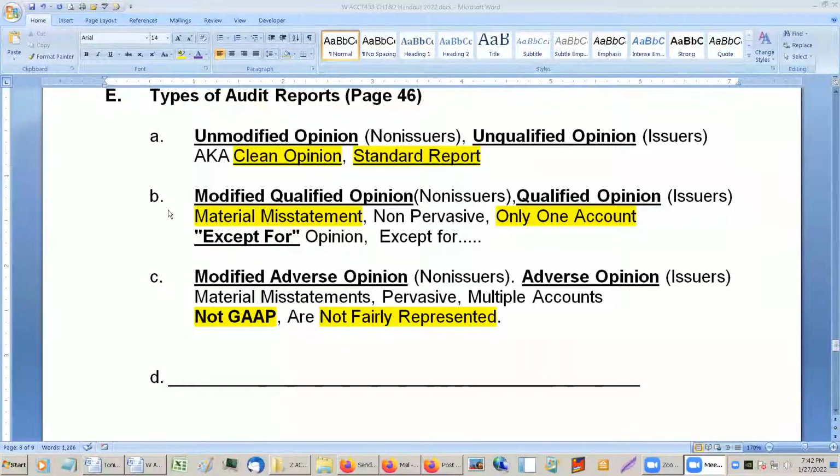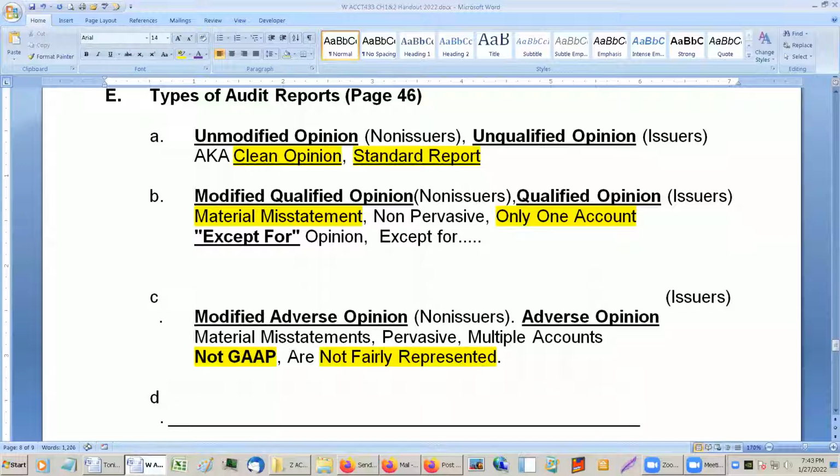So if there is a problem, generally these two. Now for these two, there is a known misstatement.